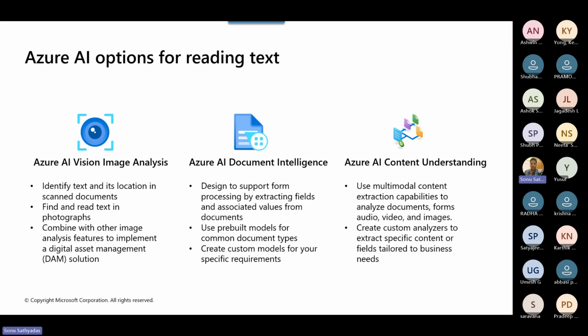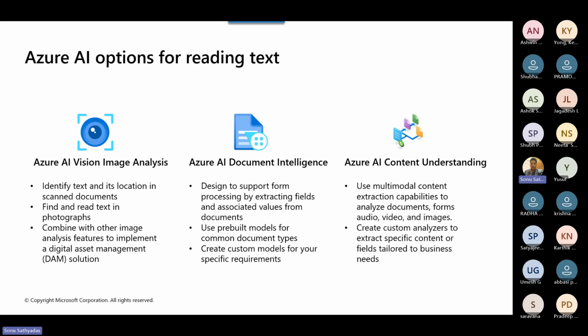Second option is a different service called document intelligence. Document intelligence is a separate service which is dedicatedly used for reading the text from the scanned documents. Third one is Azure AI Content Understanding, which is also a multimodal content extraction service.